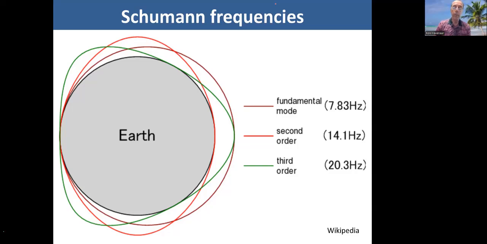So if you have a guitar, the basic frequency is maybe the note A, 440 hertz, but many frequencies run in the upper section. Yeah, 880, etc. So that's the same with the frequencies of the atmosphere, the Earth. The Shumann frequencies resonate on the fundamental frequency plus second order, third order, fourth order, etc.